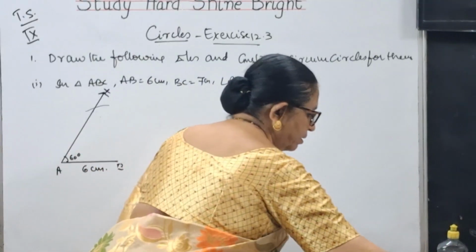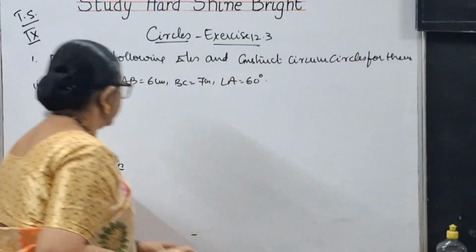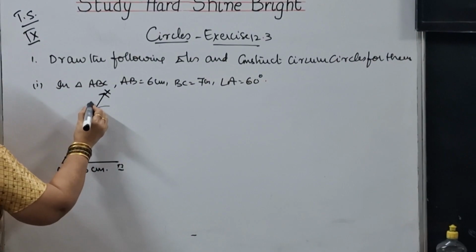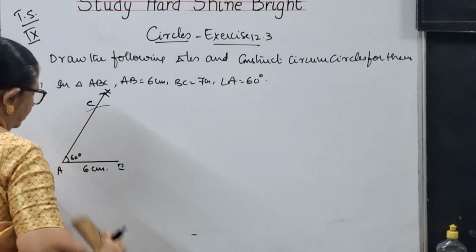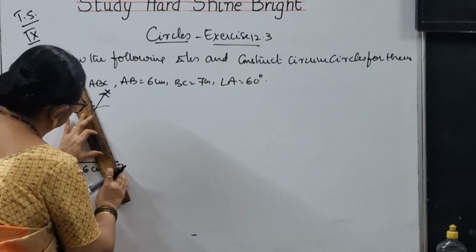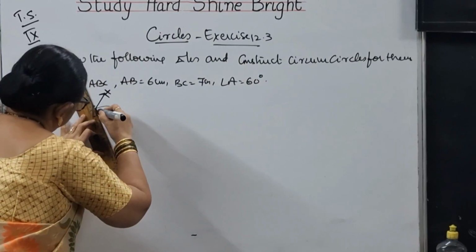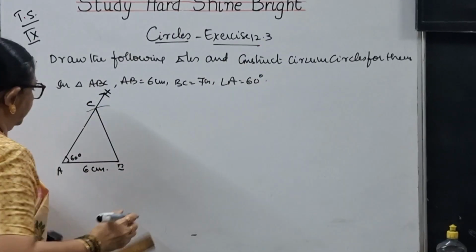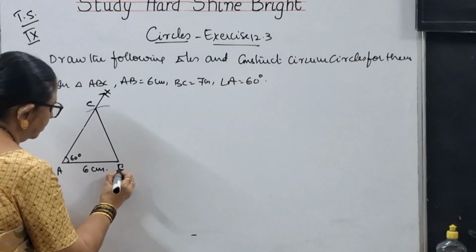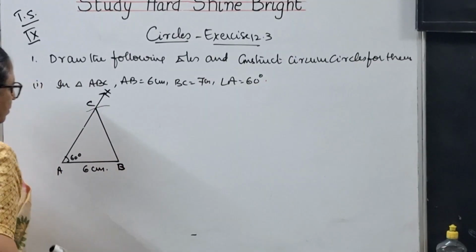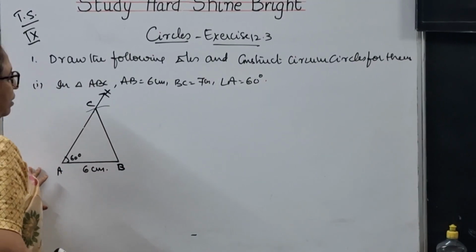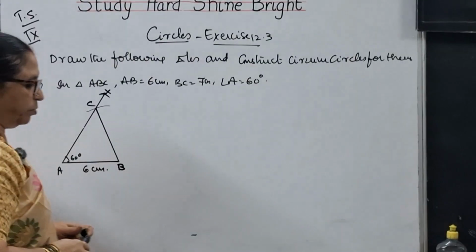So that is C. BC is 7 centimeters. Base is 7 centimeters. Now for this triangle, you need to draw the circumcircle.